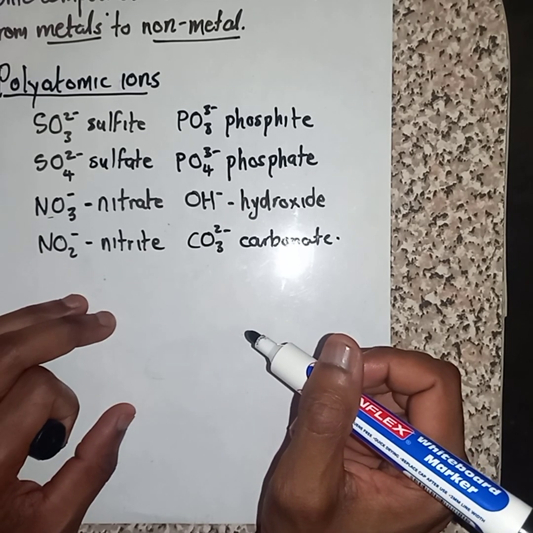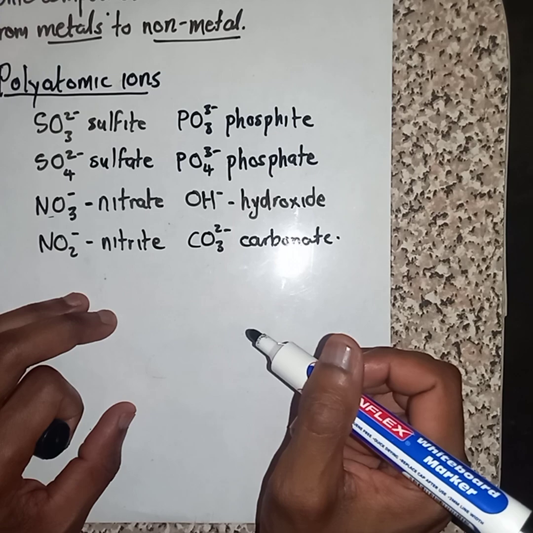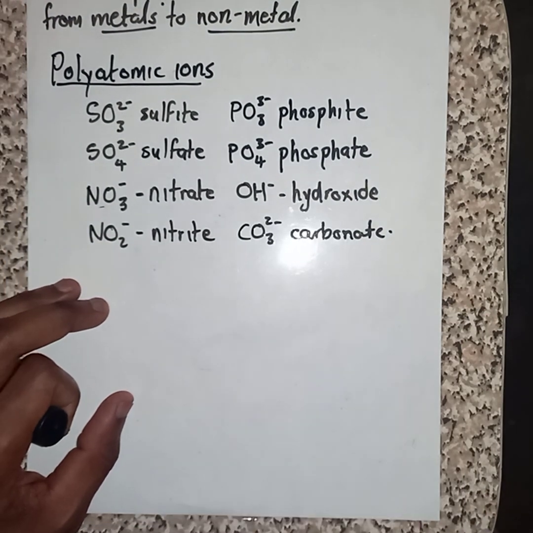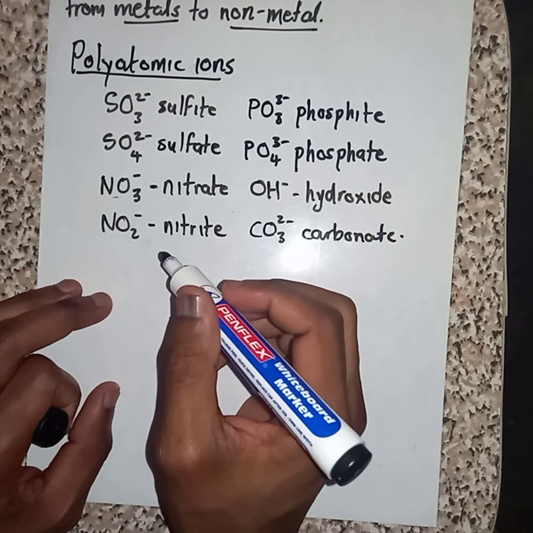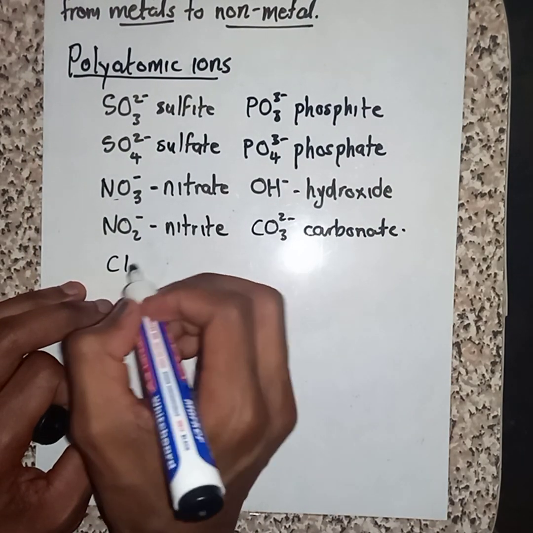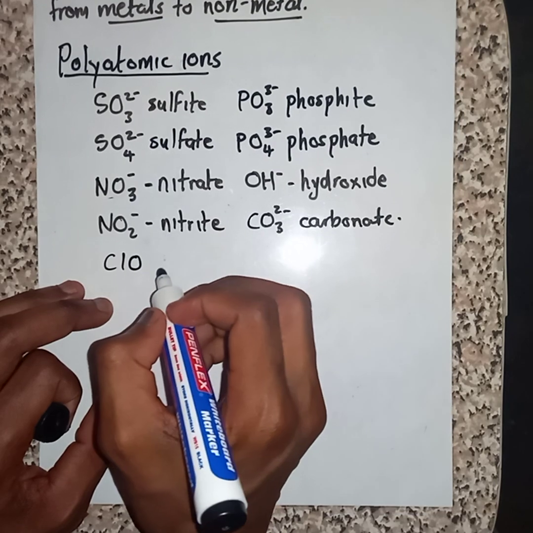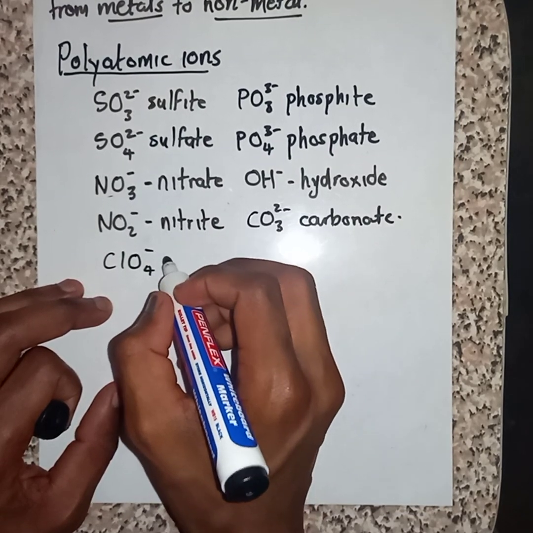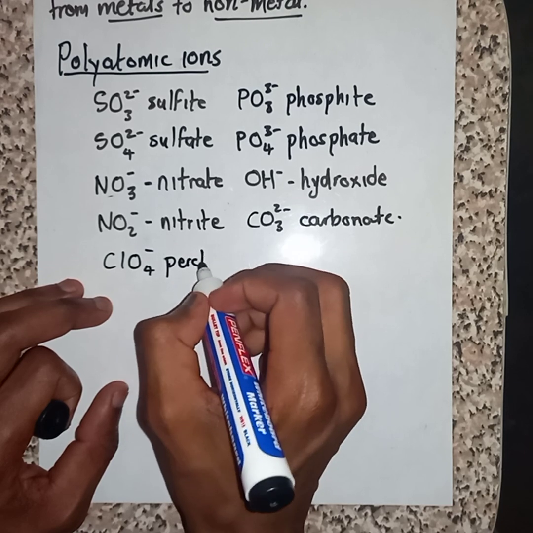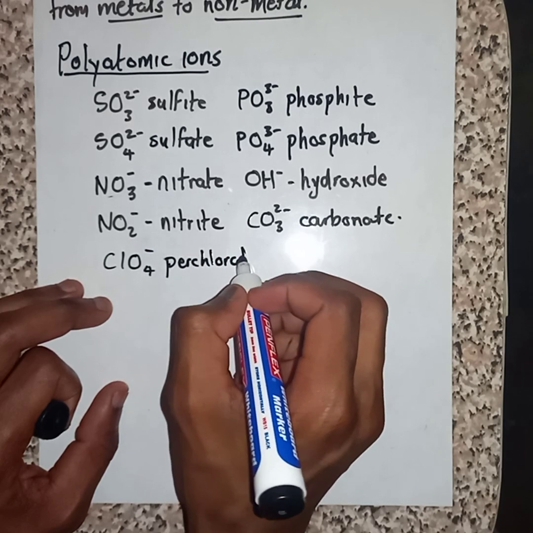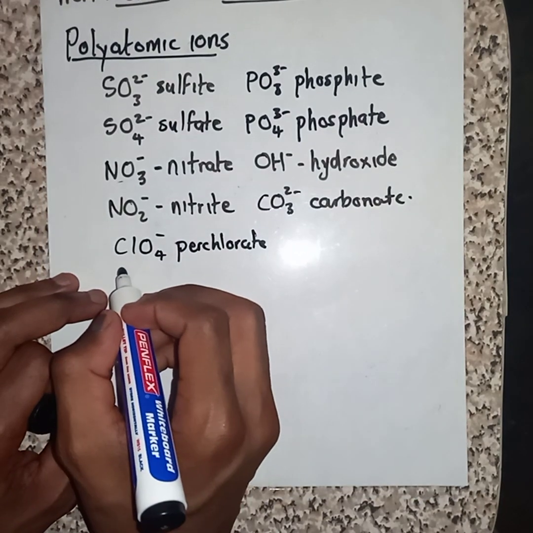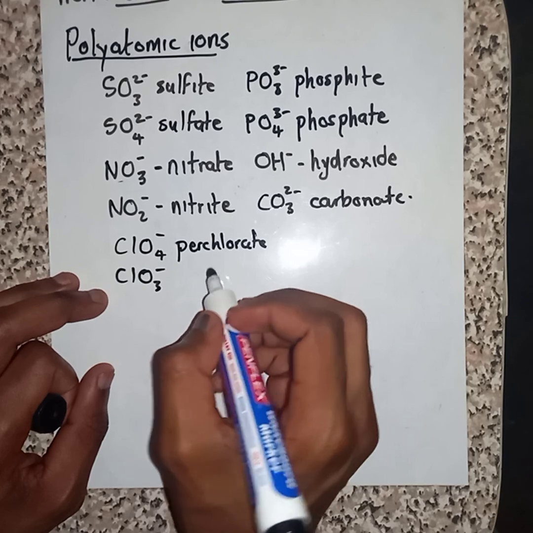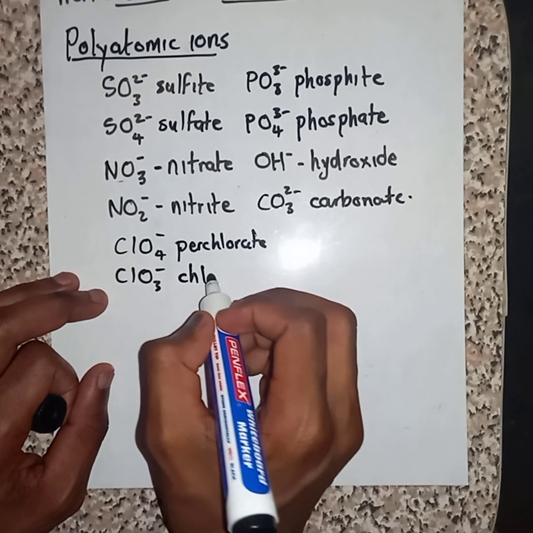See, let me highlight some of the polyatomic ions that the learner must know. Also have this one, ClO4-. We call it perchlorate. Also have this one, ClO3-. We call it chlorate.